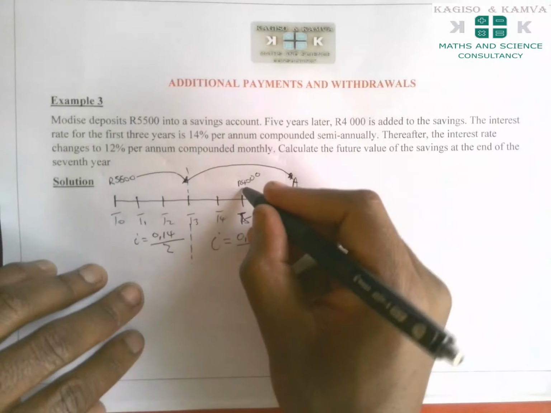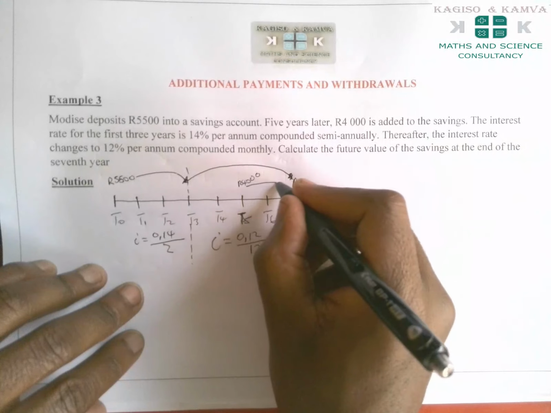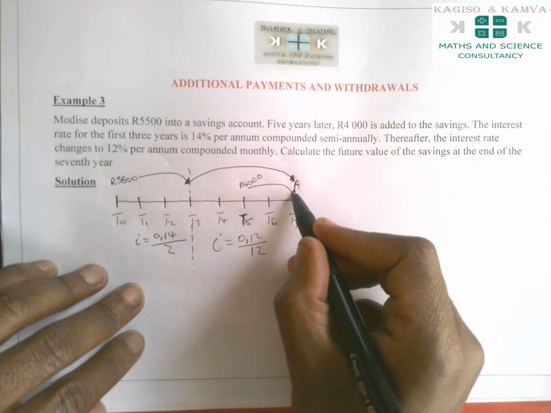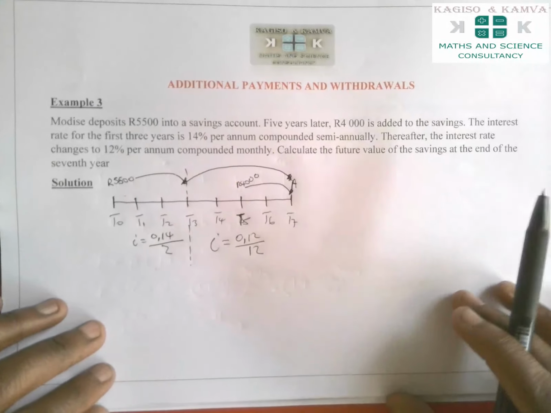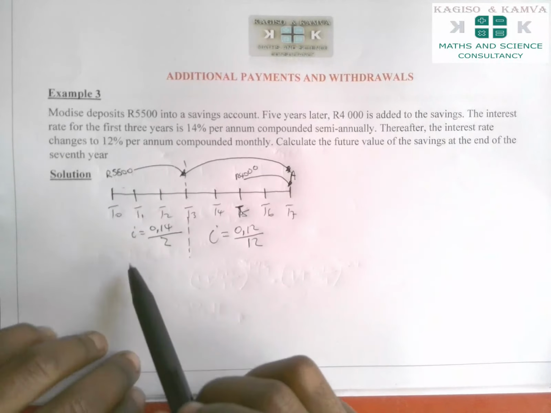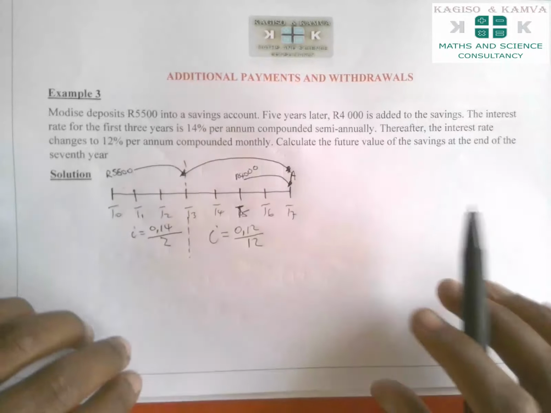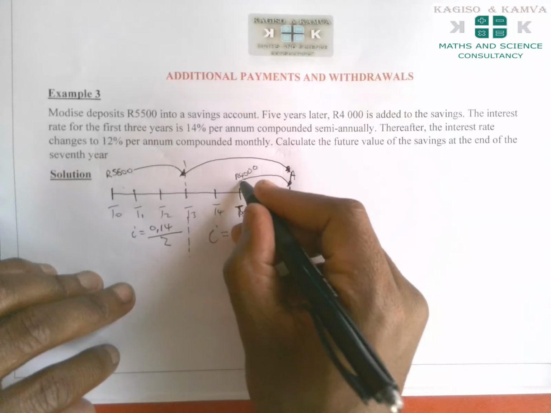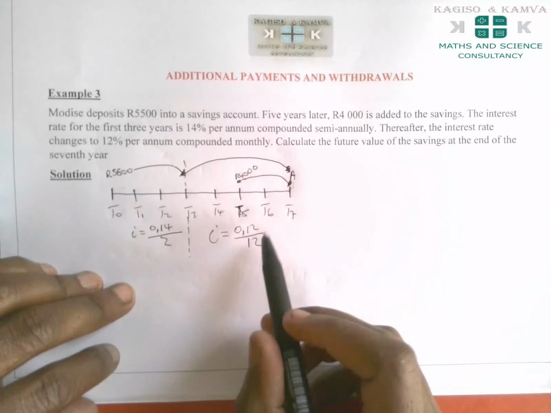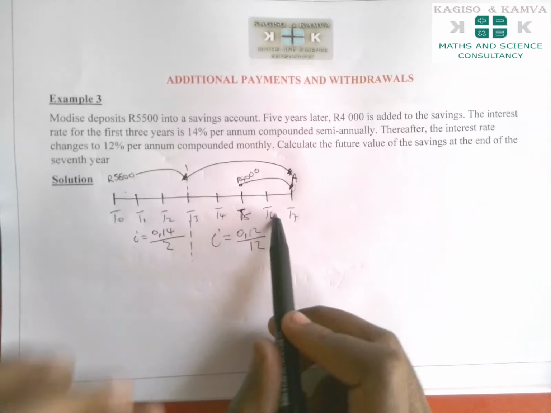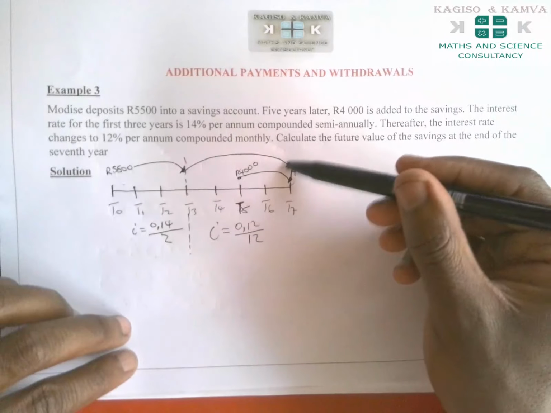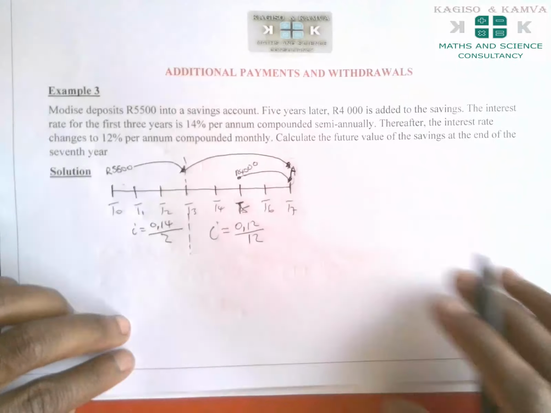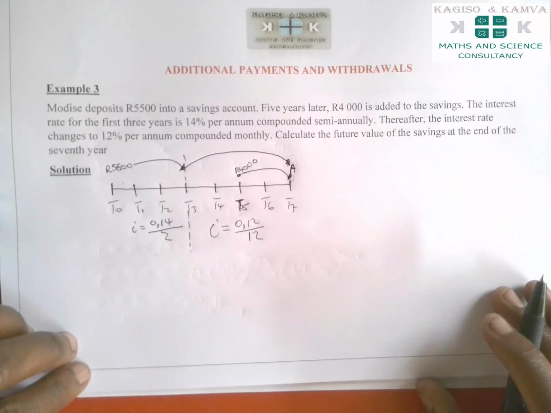And this one will just grow with this interest rate, whereas this 5,500 experienced 2 interest rates, while this one only experienced 1 interest rate, for 2 years. So we are going to add the 2 there at the end of the year.